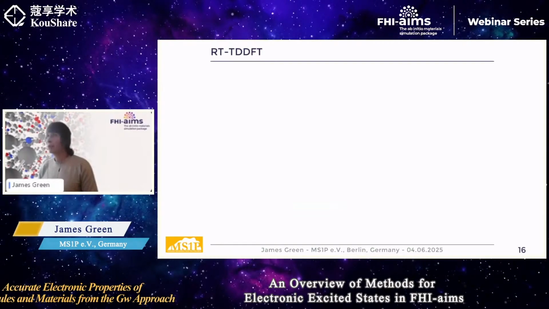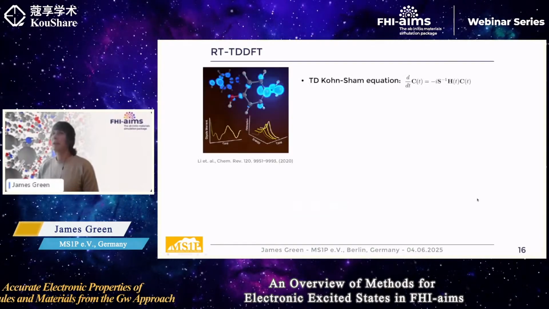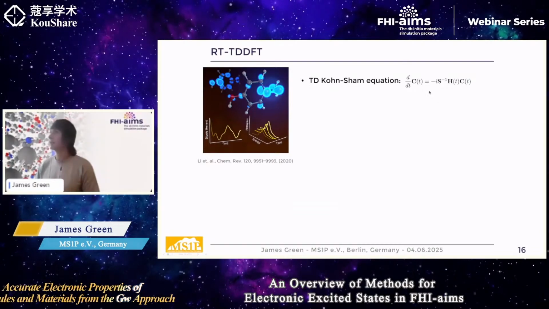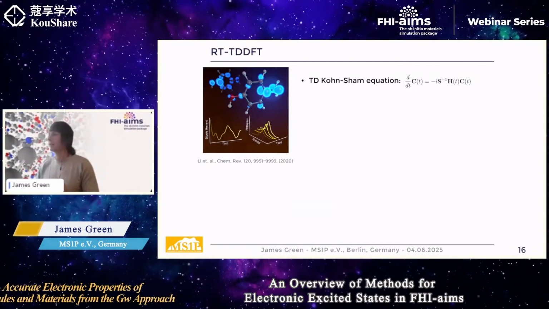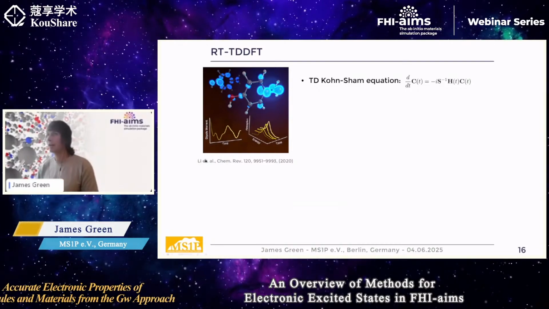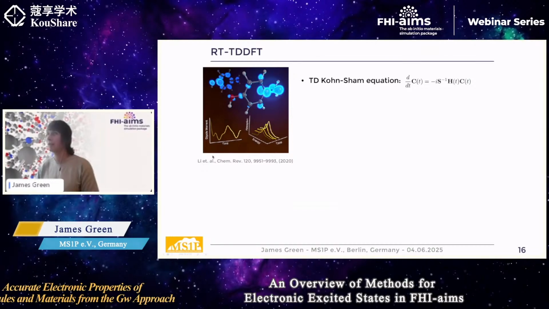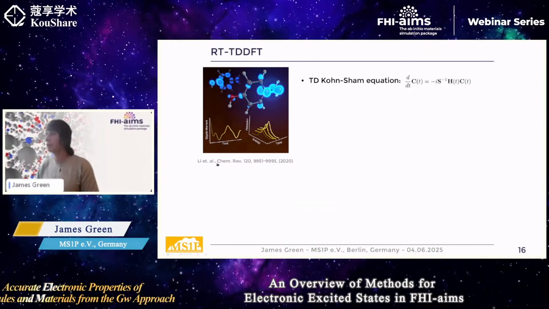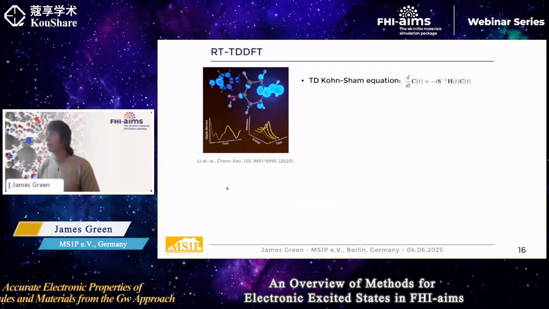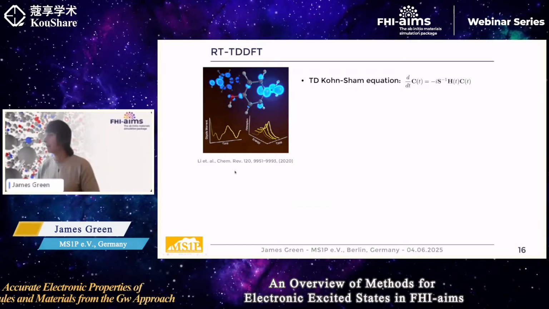We also have real-time TDDFT, where here we're solving the time-dependent Kohn-Sham equation to get essentially electron dynamics properties. And a common thing to calculate, as shown in this figure from this nice real-time TDDFT review, is the time dependence of the dipole moment, which can be used to calculate absorption spectra.